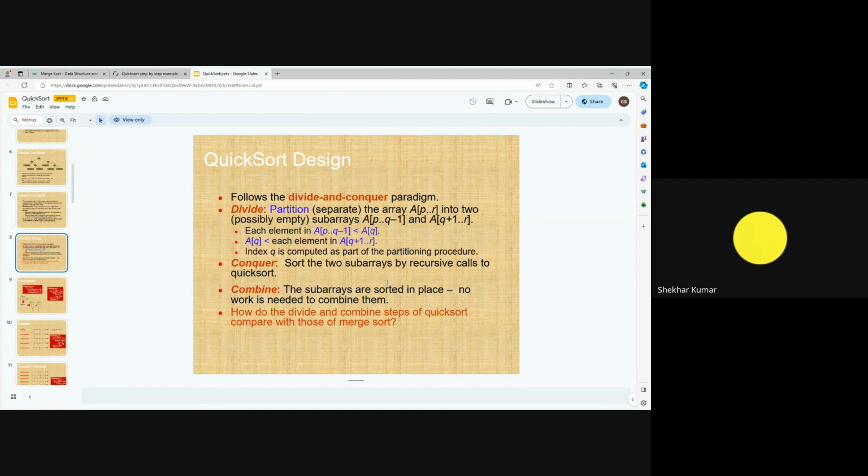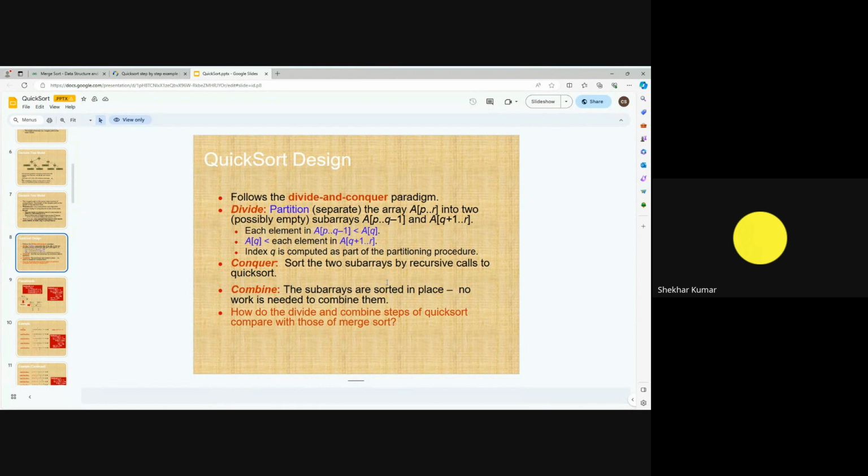We will randomly select a pivot value, and on the basis of that pivot value, we partition the problem into two parts.